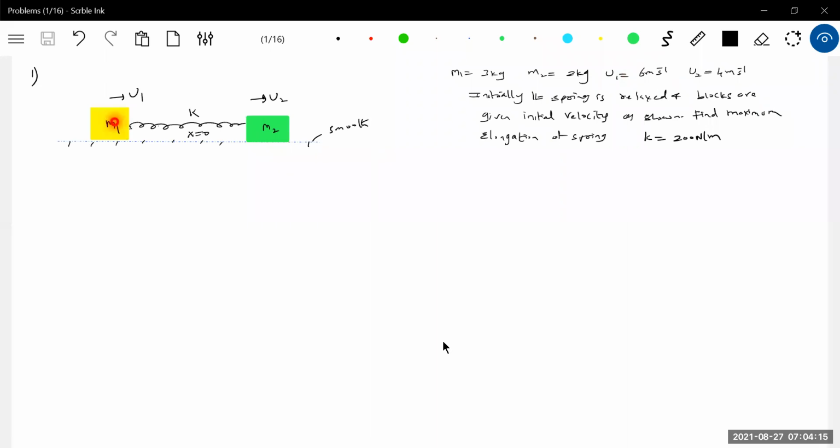Then how do we decide in what direction they will move? Initially the system is having momentum towards the right. So at maximum elongation or compression, both the blocks must have a common velocity in the direction of the initial momentum.